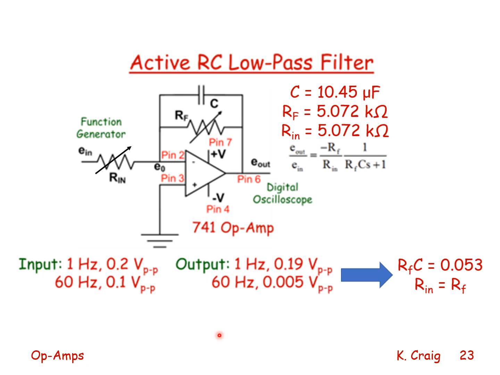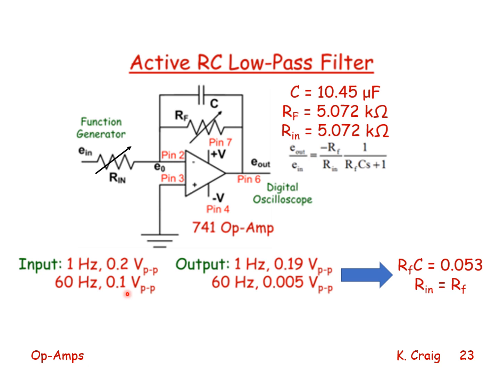Here is an active RC low-pass filter. My situation is that I have a signal with a frequency of 1 hertz and an amplitude of 0.2 volts peak to peak that I want to measure. However, there is a 60 hertz noise signal that has a peak-to-peak voltage of 0.1 volts.